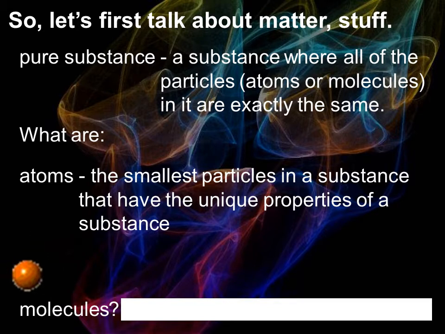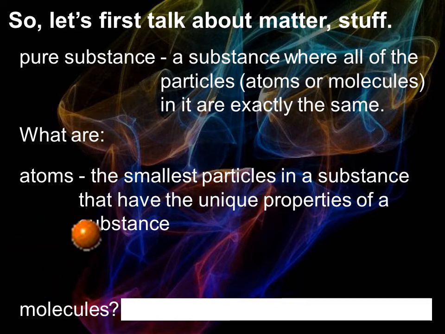Any gold atom is going to have all the properties of gold. If you had enough gold atoms together, you would recognize it as gold. It doesn't matter which gold atom you look at, they're all pretty much exactly the same. All helium atoms are the same, and they all act the same way. You need a bunch of them together so we can see them and interact with them to see what those properties are. But they're all the same.